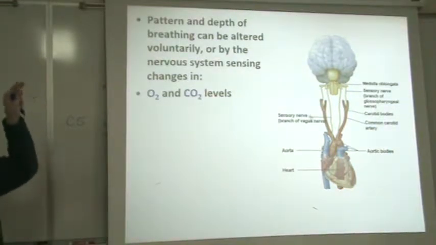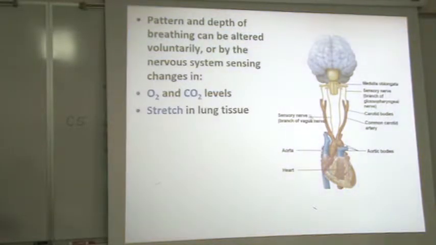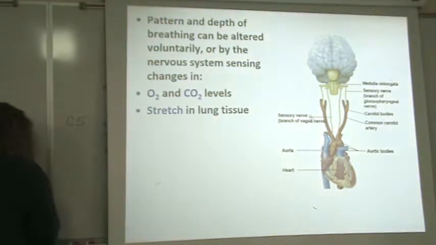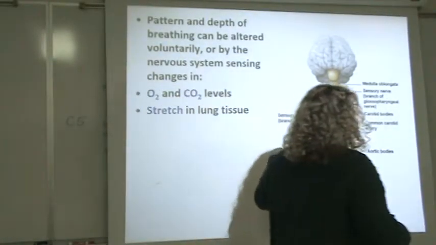So I already said you can decide, you can override your brain's involuntary breathing centers. But the involuntary part, the part that you're not thinking about, will also adjust your breathing without you realizing it based on other factors.